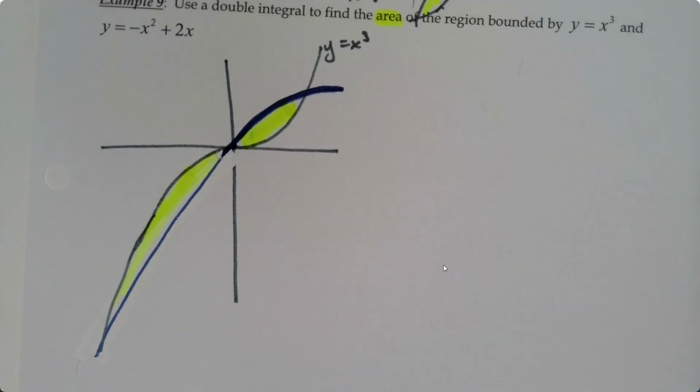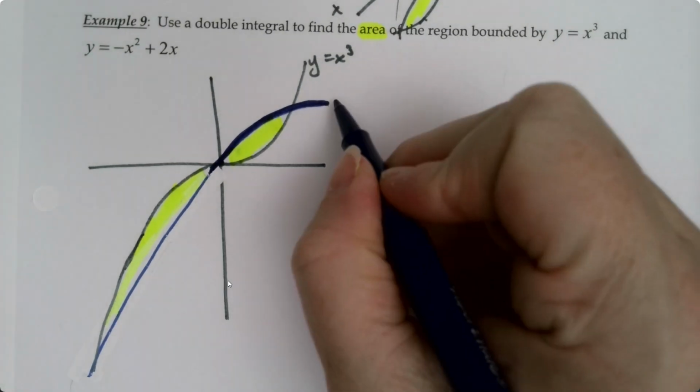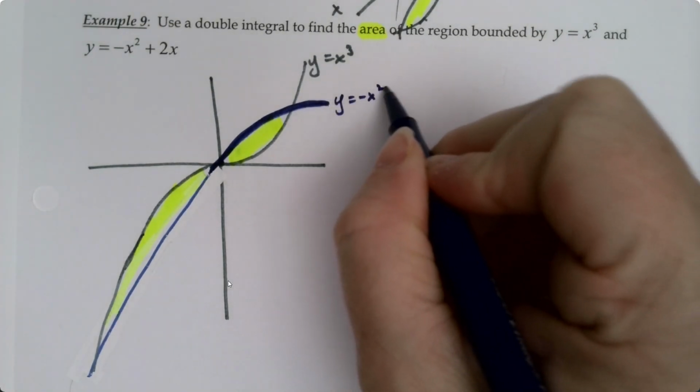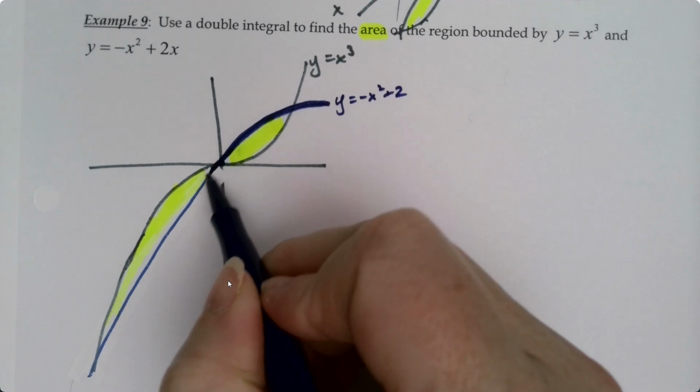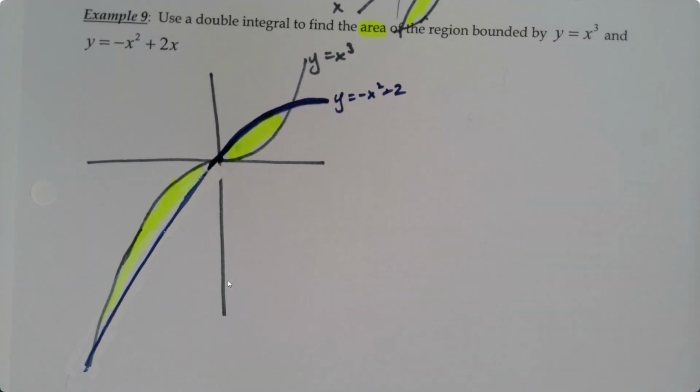Uh-oh. Two regions is going to be tricky because that means we're actually going to have to find the area of both regions and add them up, right? Because we can't do one double integral for this whole thing. Because in this section, y equals negative x squared plus 2x is higher, and in this section it's lower. So how we would draw the rectangles depends on which section we're in, right?